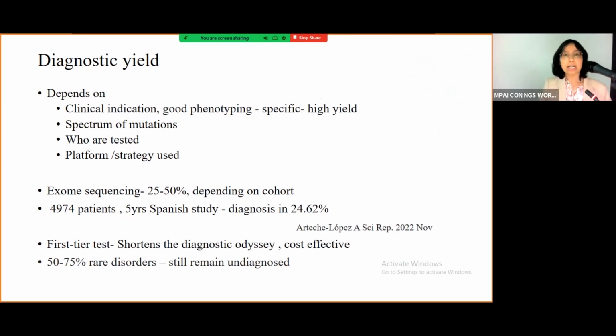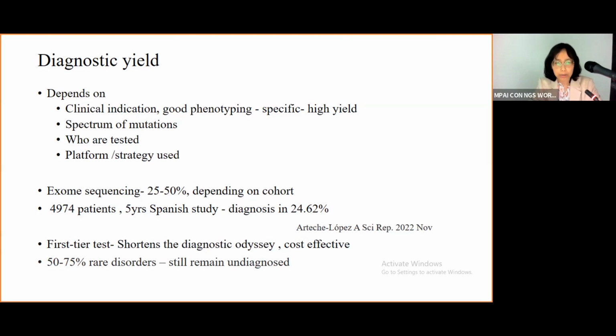Yield, again, various studies over the last decade or so have shown that the yield differs, and the range is from 25 to 50%. In consanguineous populations, and where the phenotype is very specific, like in eye disorders, etc., it is higher as compared to non-specific phenotypes like developmental delay or intellectual disability.